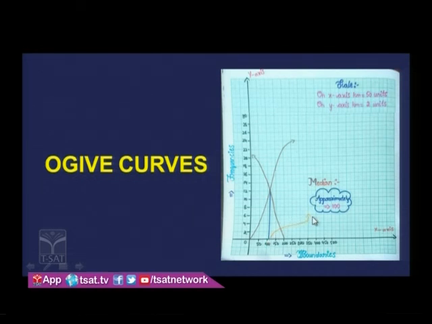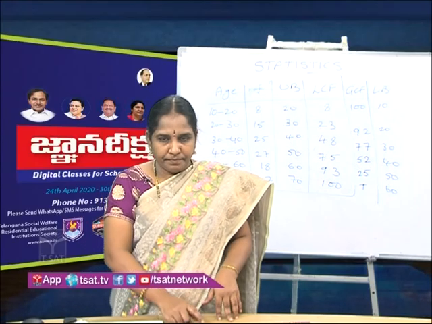Do you all remember median? We calculated in the second session. How do we find the median? By arranging the observations in the ascending or descending order, and the middlemost value is taken as median, isn't it? So that median for the grouped data can be calculated using these graphs. These ogive curves help us in calculating median for the given grouped data.